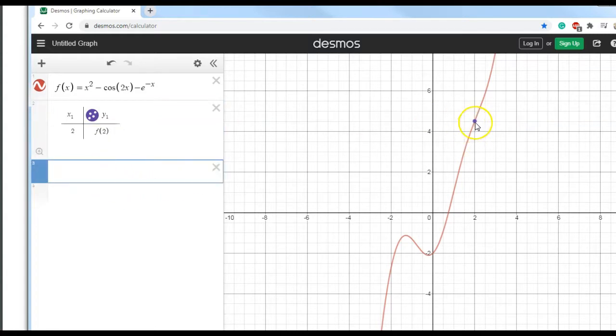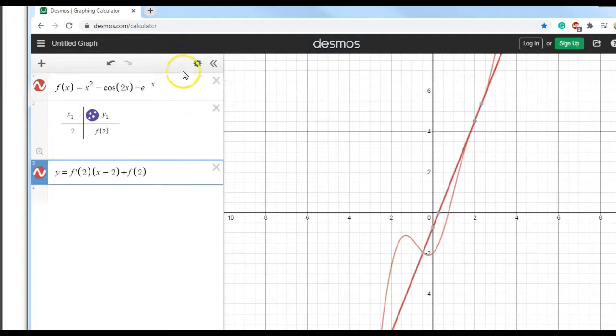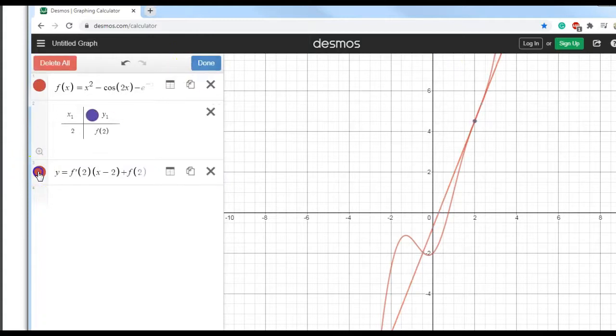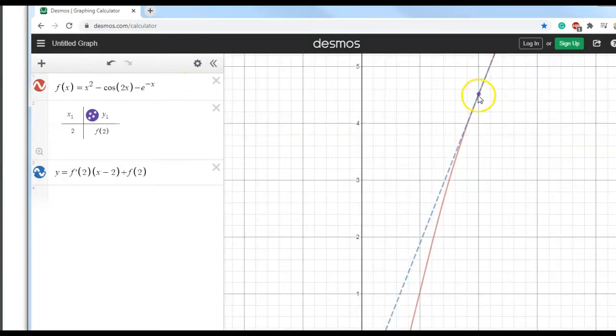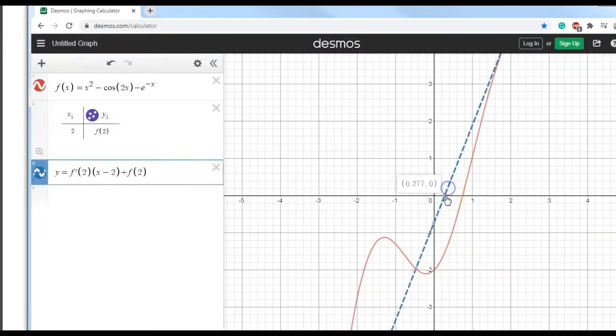Now what I'm going to do is make a tangent line there. So my tangent line is the derivative, so f prime at 2, times x minus 2, and then plus f of 2. Again, that's always the way that you can get a tangent line at a point. I'm going to make this line blue just so that I have a contrast. So that's tangent right there at that point, and that tangent line hits right down here at 0.277.